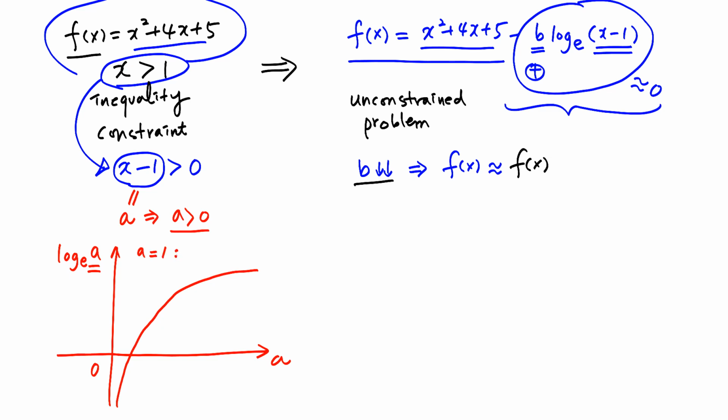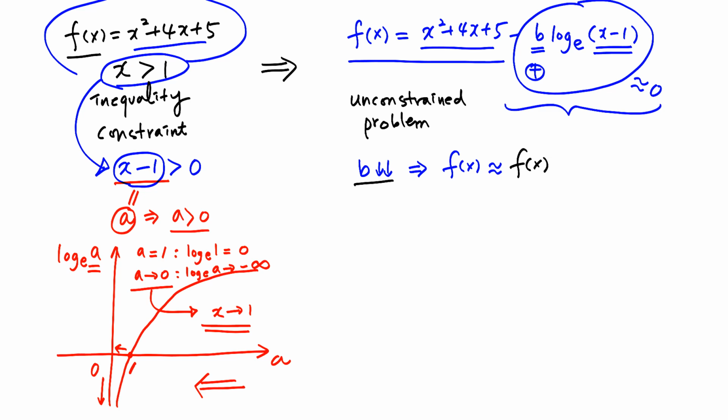If a is 1, then log base e of 1 becomes 0. So this must be 1. And what if a approaches 0? This log base e of a approaches negative infinity. This also means that x approaches 1, right? Because a is equal to x minus 1. If a approaches 0 from the right side, x is approaching 1 from the right side as well.